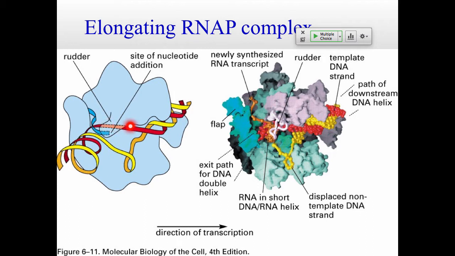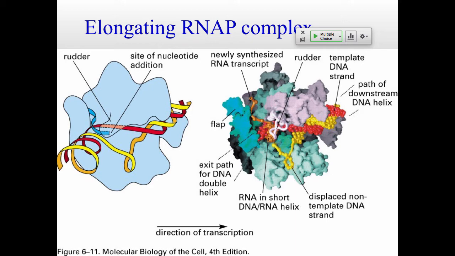You can see that in cartoon form over here, but actually this is a real high-resolution structure of one of these elongating polymerases, and that it does wrap around both double-stranded DNA and each of these single-stranded bits. And this RNA comes off of that DNA very, very quickly. And this was a big argument even back in the late dark ages when I was in graduate school, is how long that particular piece was.